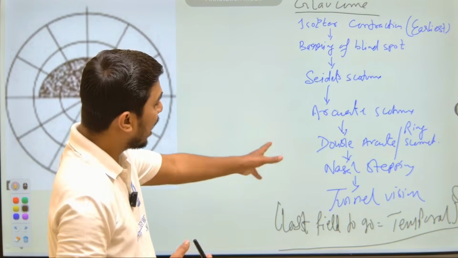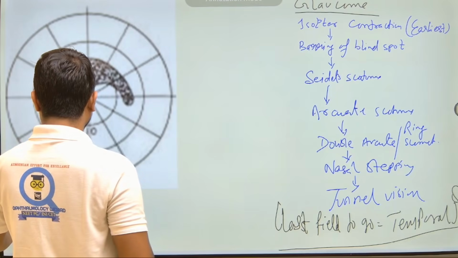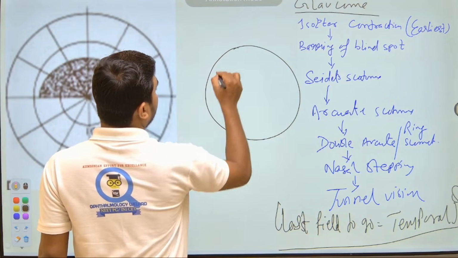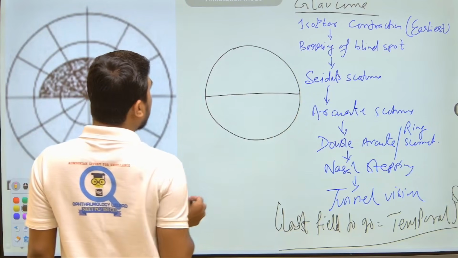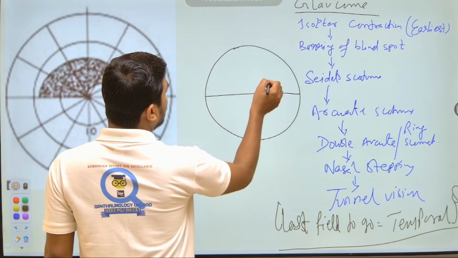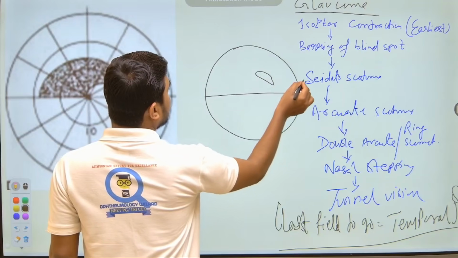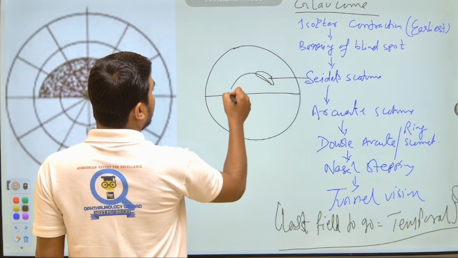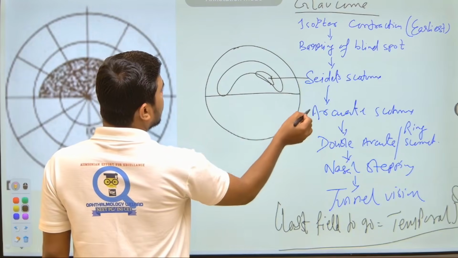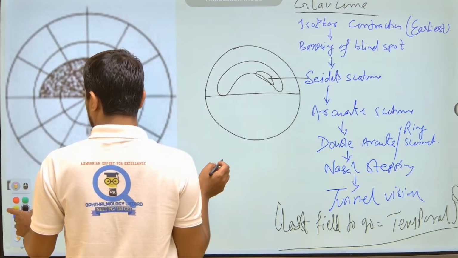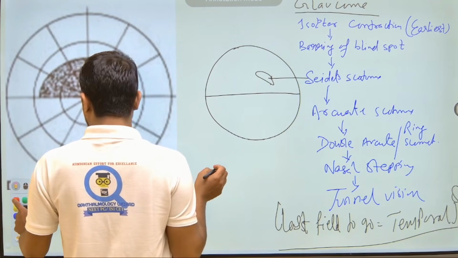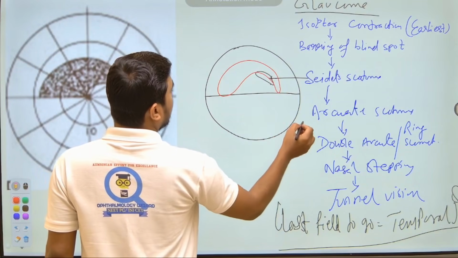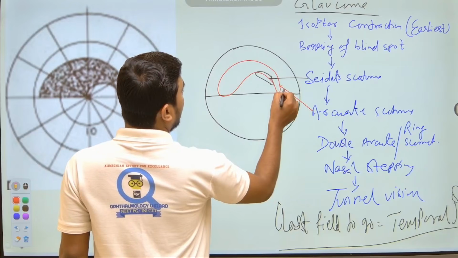Understood? After this, let us draw something peculiar. Suppose this is a field. Some scotoma has developed here. This is called Seidel's scotoma. Now, if the scotoma becomes like this, it is called arcuate scotoma.